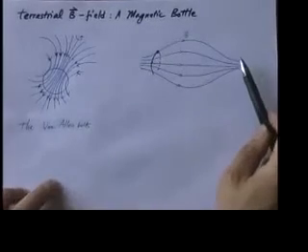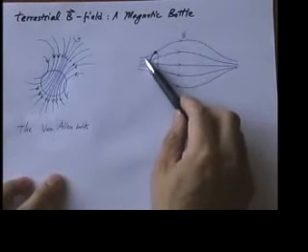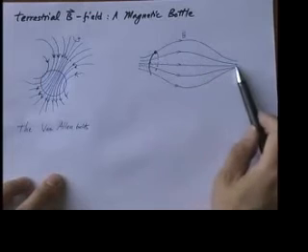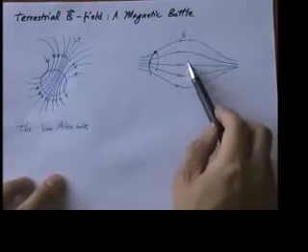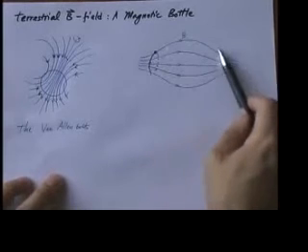As far as the intensity of the B field is concerned, the field lines are closely packed together near the magnetic north pole and magnetic south pole, and they're further apart near the equator. Why? Because in the equatorial region, the magnetic field is weaker. So you have a non-uniform magnetic field like this.